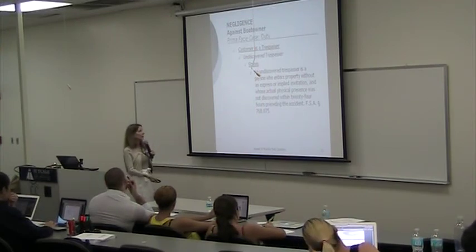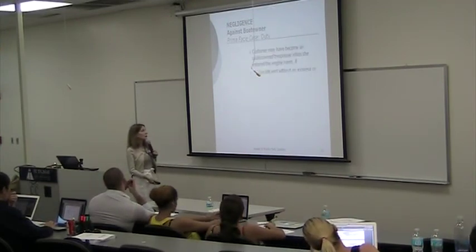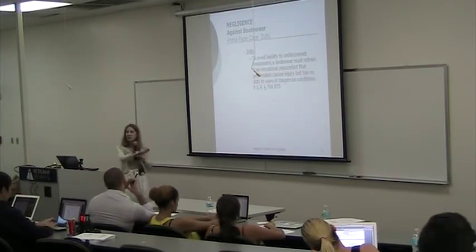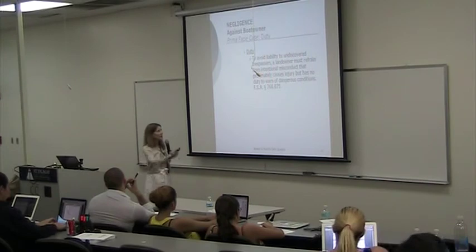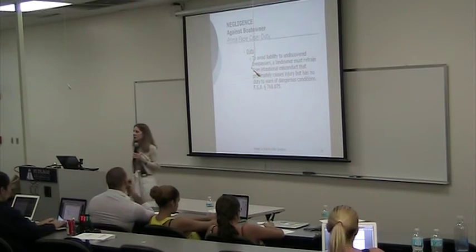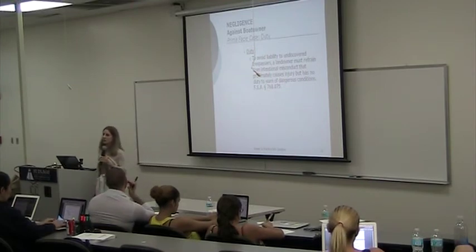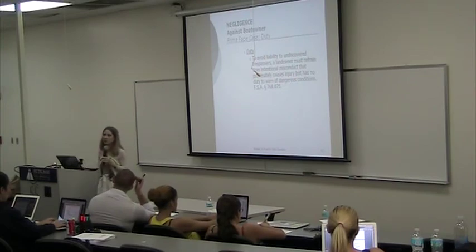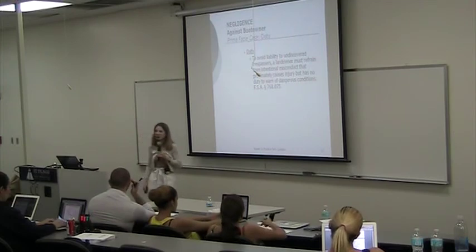What's the duty that's owed to the undiscovered trespasser? It's a very limited duty, because all the owner has to refrain from is intentional misconduct, which clearly didn't occur in this case. So, boat owner couldn't toss the match at customer in this case. Intentional conduct.